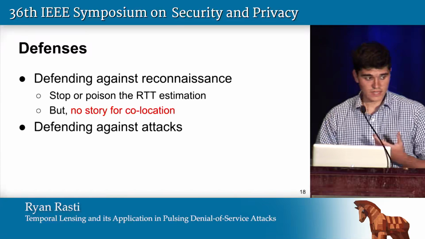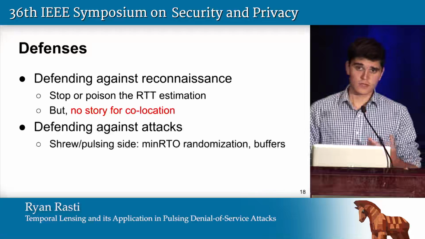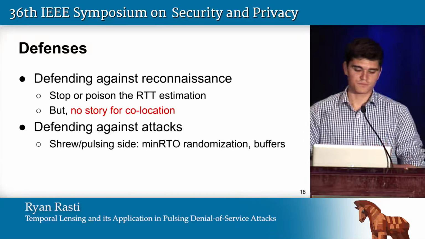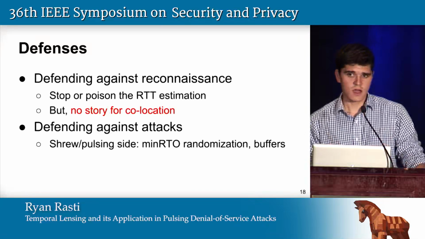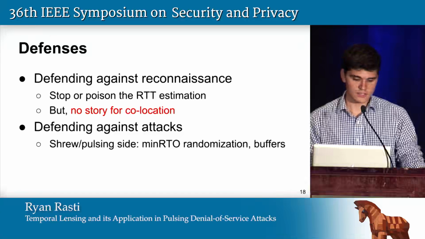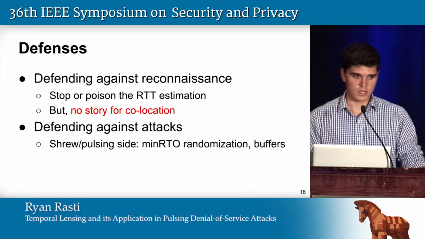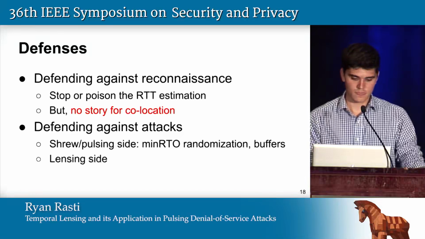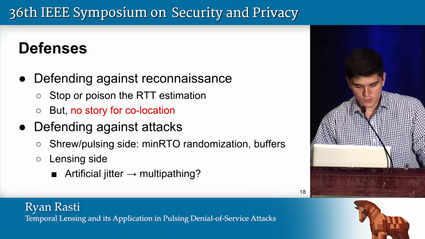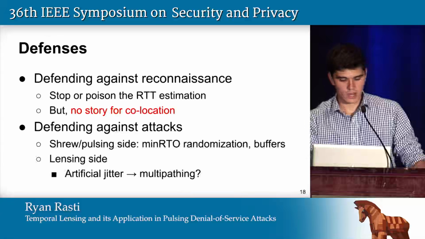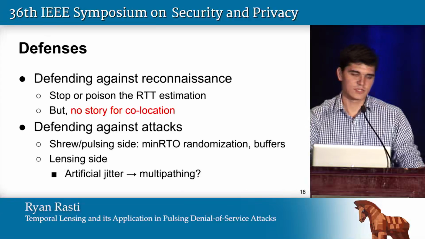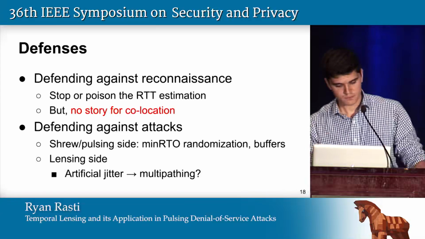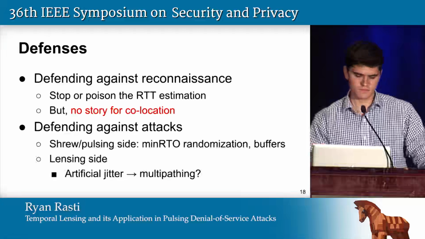So for defending against the actual attack, so for the shrew and pulsing side, essentially there's been prior work on strengthening TCP, either through randomizing the RTO value, increasing buffer sizes, things like that. Our contribution here was perhaps routers could add an artificial amount of jitter to packets as they're sent, and this would essentially spread out the pulse that's created through lensing.